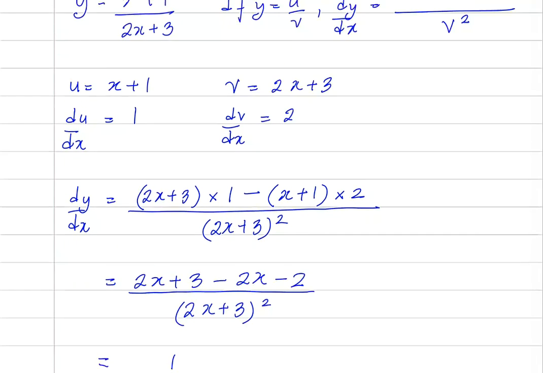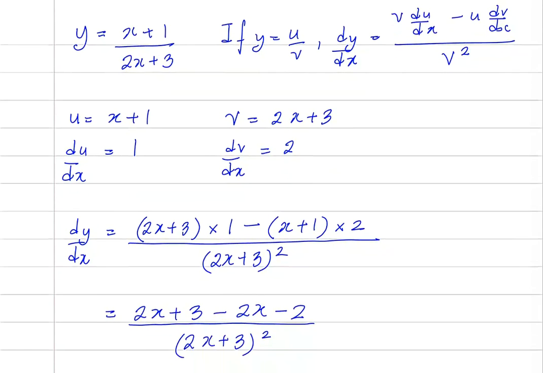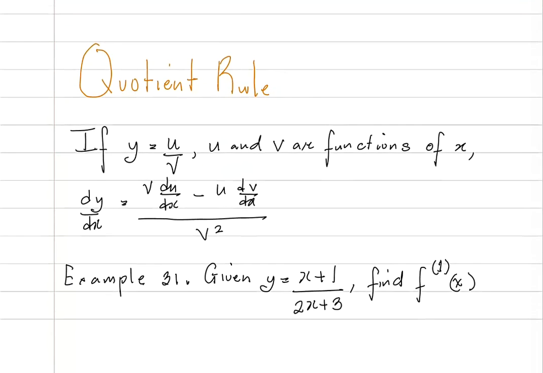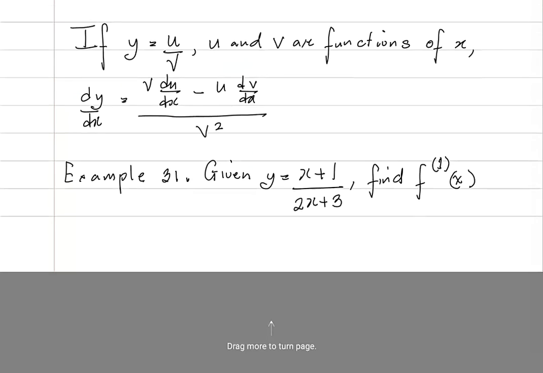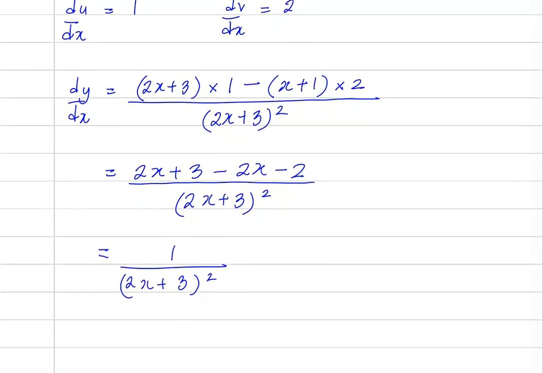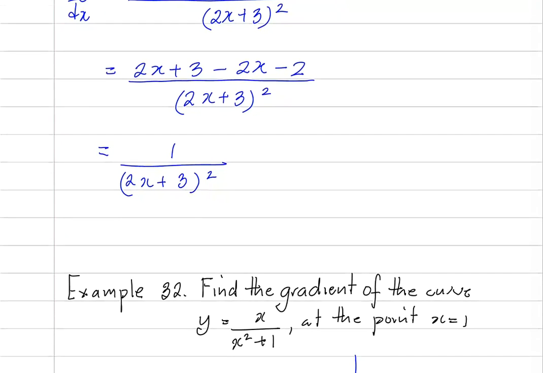Let's go back up to the question. Essentially all we have to do is to find the gradient function, and we just did that. So dy by dx would be equal to 1 over 2x plus 3 squared.